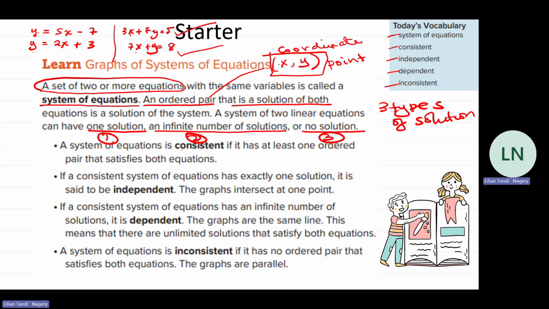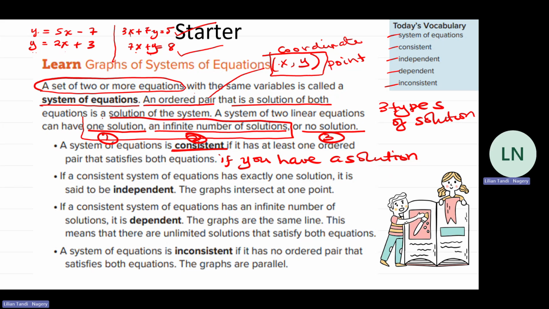What does that mean? You are consistent if you have a solution. And who has a solution? When you have one solution and an infinite number of solutions. That's the only time you're consistent.